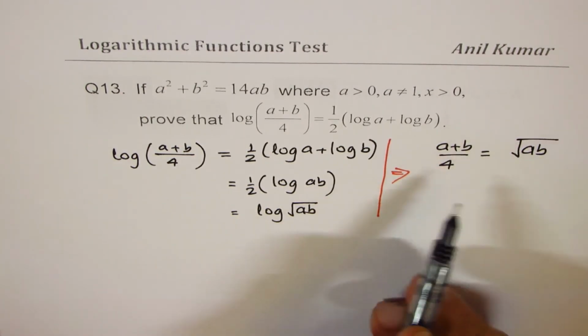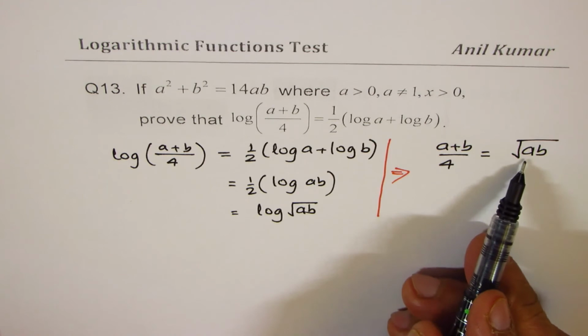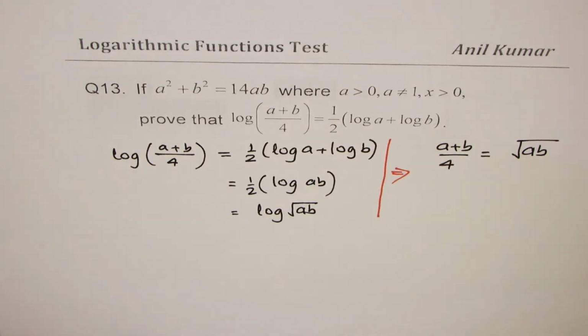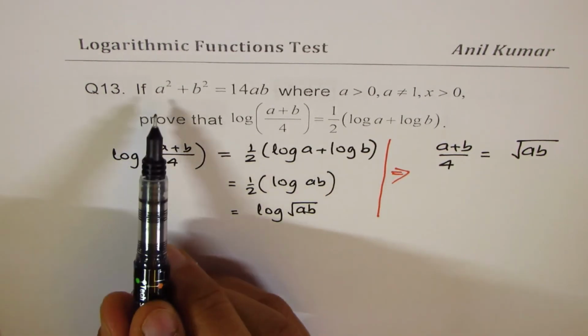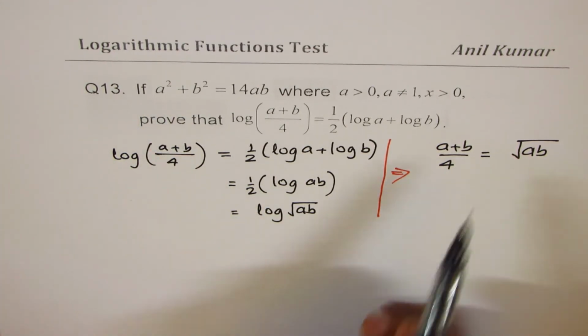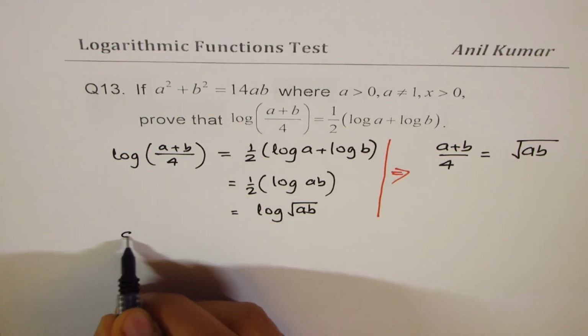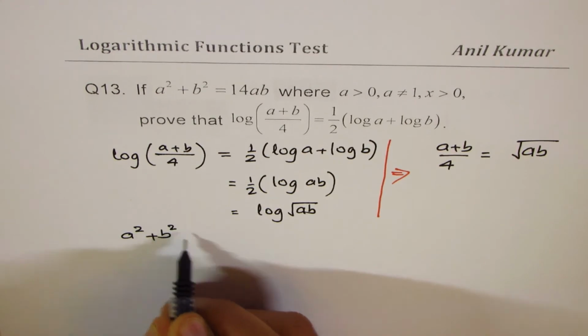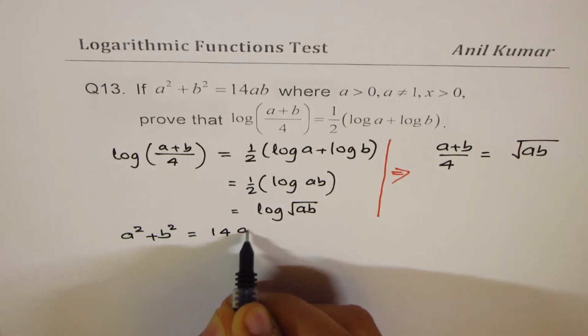Does it make sense? (a plus b) over 4 equals square root of ab, right? That is what we need to prove. So let us see what we are given and then we'll prove this. We are given a squared plus b squared equals 14ab.